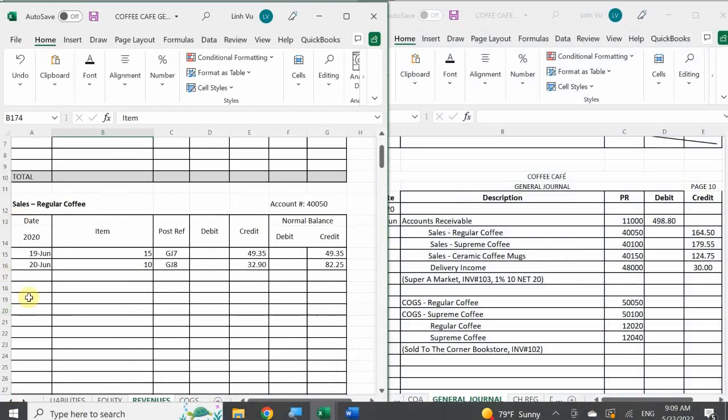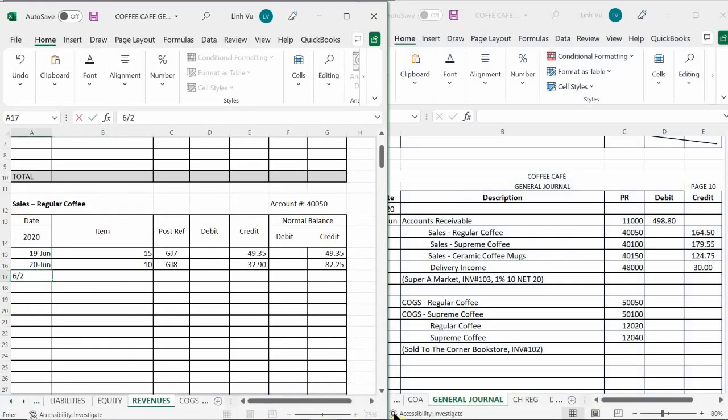We sold 50 pounds. Okay. And how much did we sell it for? It's regular coffee, 164 point.